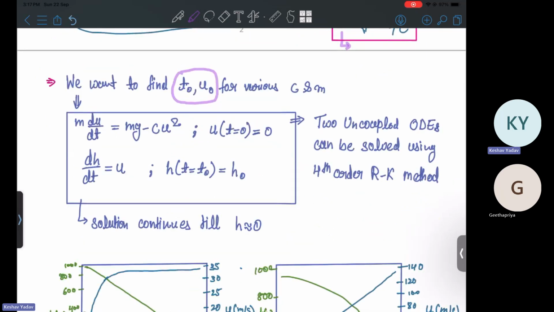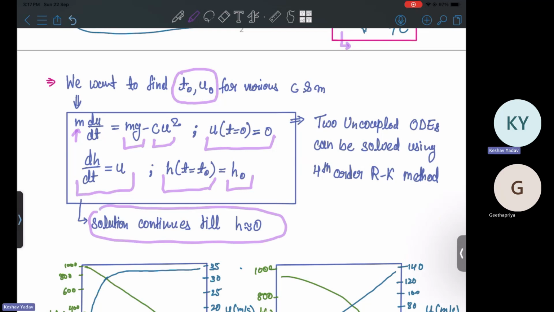The first differential equation is m du upon dt equal to mg minus c u square, given the initial condition u at t equal to 0 is 0. And we can have another differential equation, dh upon dt, that is height, equal to u, and h at some time t naught is equal to h naught. We will solve this problem till h goes to 0.